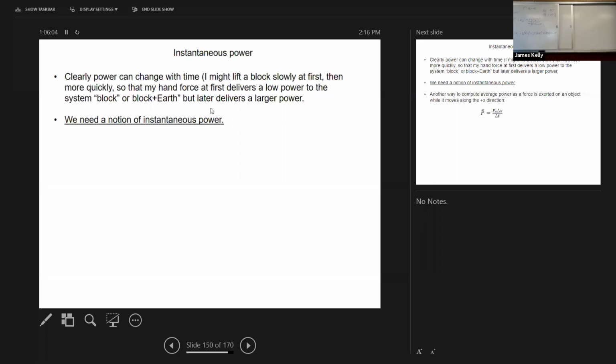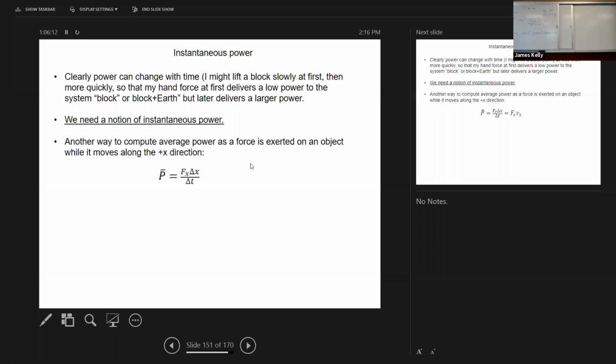To help deal with this, we have a notion of instantaneous power, which is right now how much power is being delivered, and maybe it's changing continuously as time goes on. Here's how we might think about that. Getting it out of the average power expression, how do we calculate the work done by a force? Well, if that force is constant, we might call it Fx delta x.